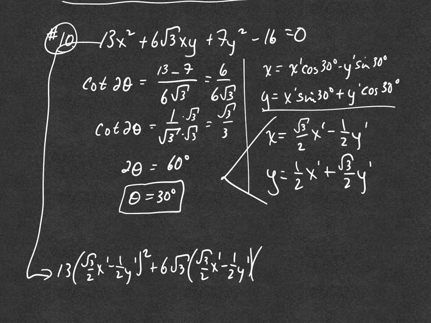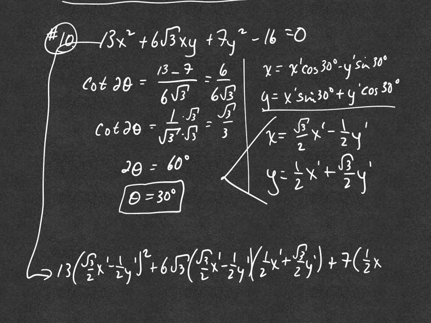And then everywhere we see a y, we're going to replace that with 1/2 x prime plus the square root of 3 over 2 y prime. Oops, I forgot the 7. So there's another y. And then at the very end, I have a minus 16 is equal to 0.